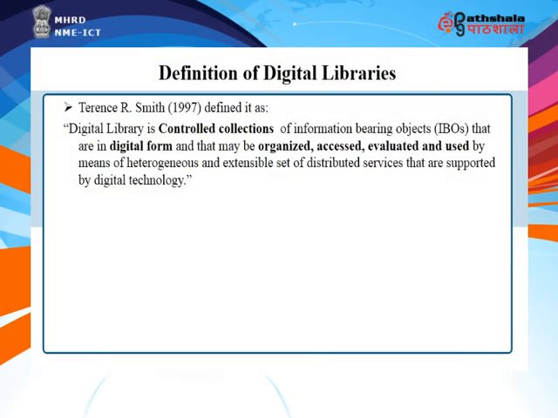Terence R. Smith defines it as: digital libraries are controlled collections of information-bearing objects, IBOs, that are in digital form and that may be organized, accessed, evaluated and used by means of a heterogeneous and extensible set of distributed services that are supported by digital technology.